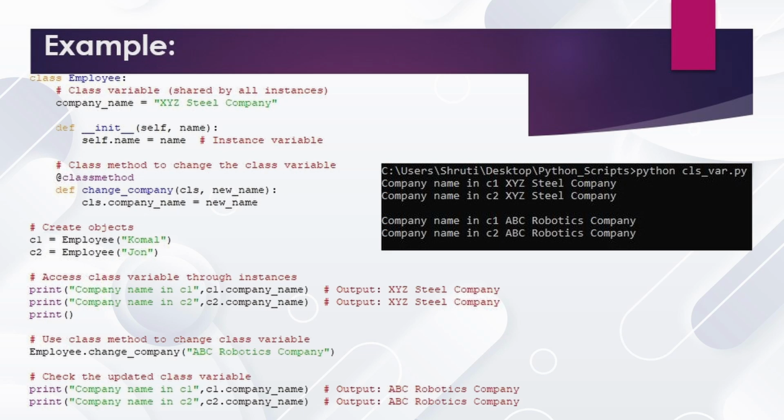Since company name is shared by all instances, this change is reflected in every object created from the employee class, including the previously created objects C1 and C2. Thus, both instances now refer to the updated company name, demonstrating how a class method can be used to modify a class variable for all instances simultaneously.